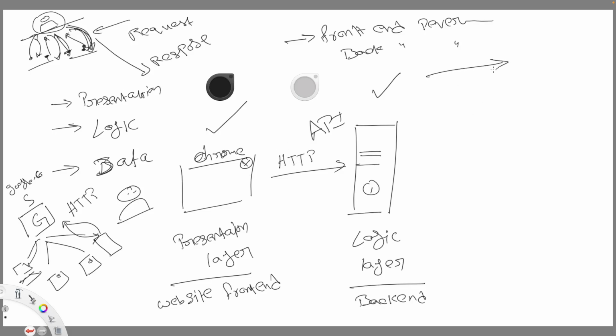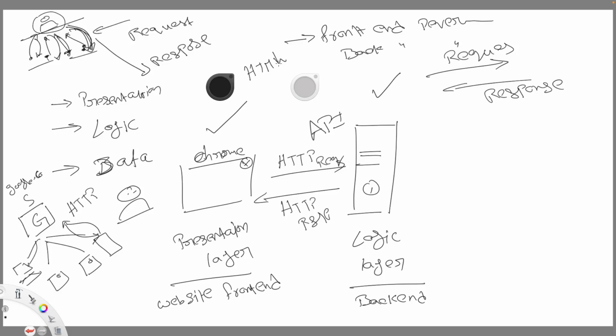First, the request goes, and from the server, what do we get? A response. This is HTTP, request and response. So we can see how this HTML, hypertext markup language, is communicated.